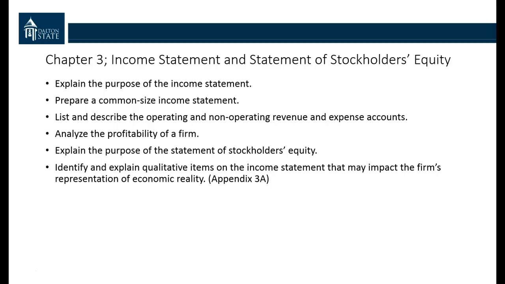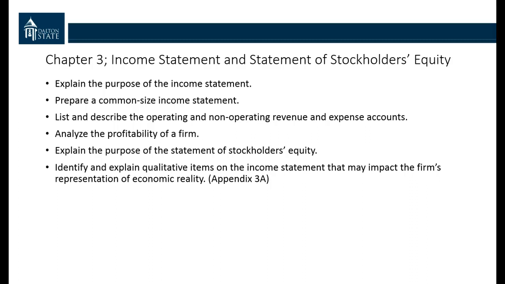All right, so in Chapter 3 we're going to be talking about the income statement and the statement of stockholders' equity. Those two statements are pretty important. Income is sort of the performance measure that a lot of people look at in terms of how did you do this year.